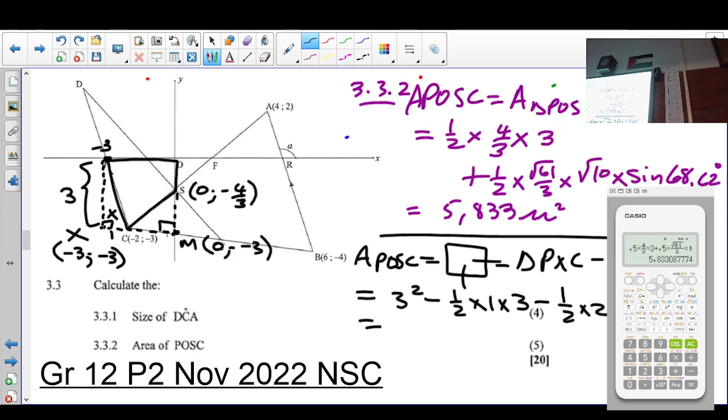Okay. So let's work that out. It's 3 squared minus a half times 1 times 3 minus half times 2 times 5 over 3, which is 35 over 6, which is 5,833.